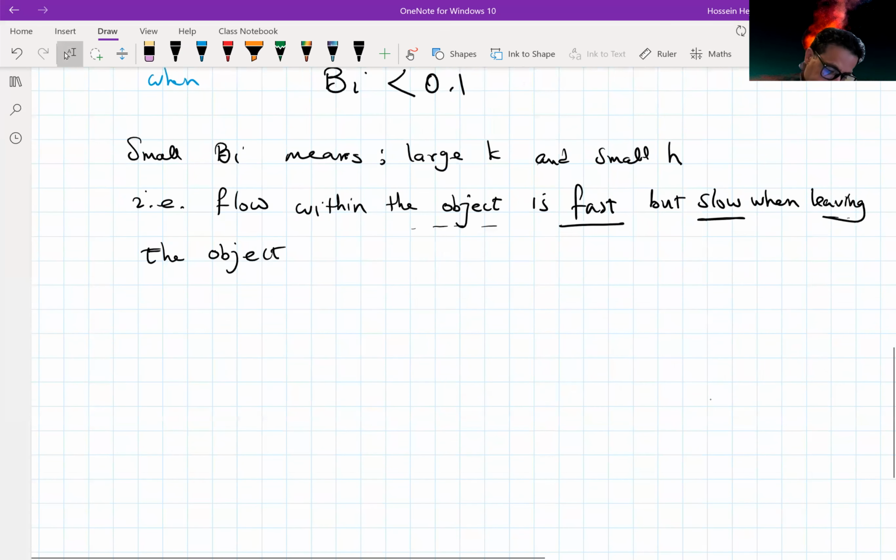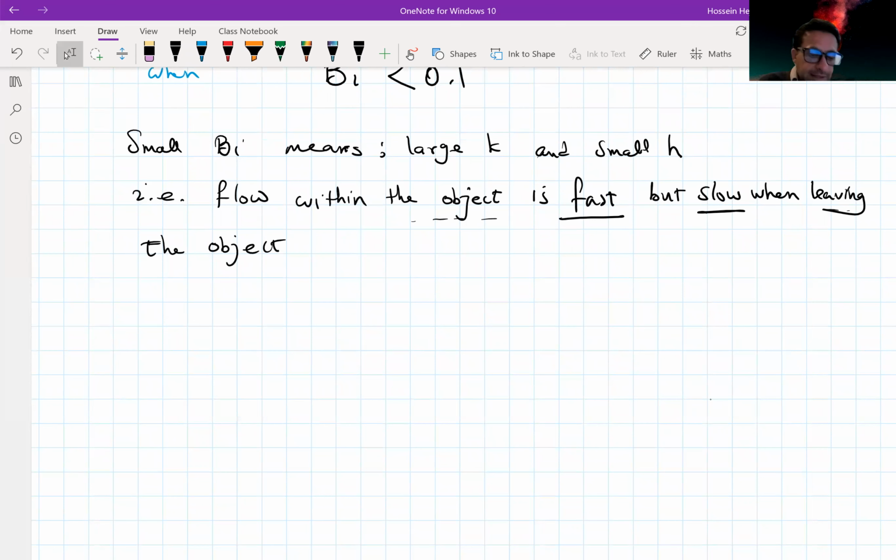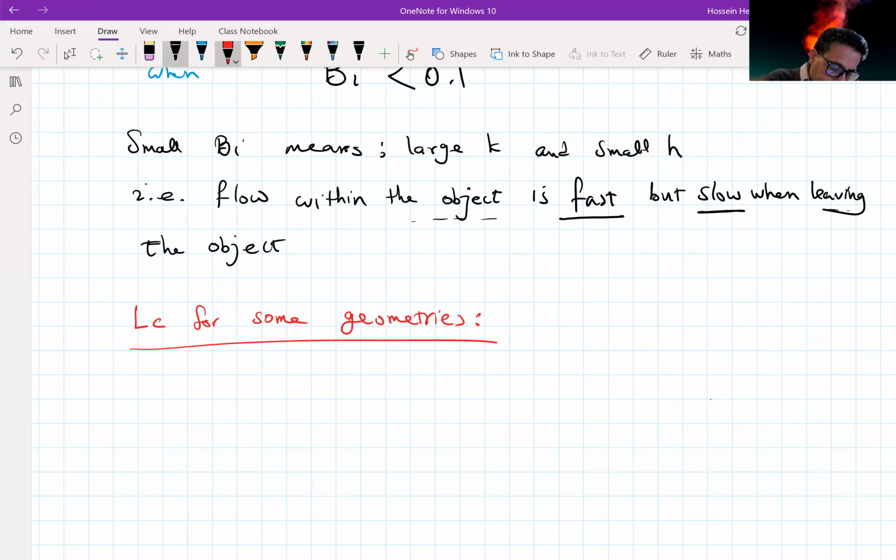A few examples of the characteristic lengths that we have for some geometries. So Lc for some geometries. Let's say we have a plane wall with the width of 2L.